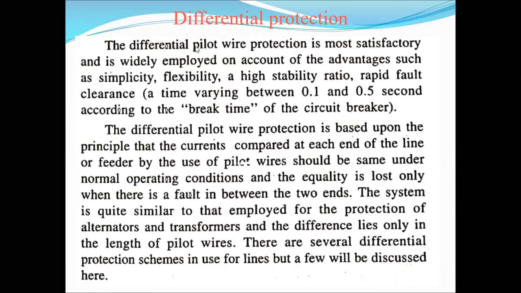Rapid fault clearance is possible because the length of these distribution lines is very short, that is 8 to 15 kilometers only. The fault clearance time varies between 0.1 and 0.5 seconds according to the break time of the circuit breakers.